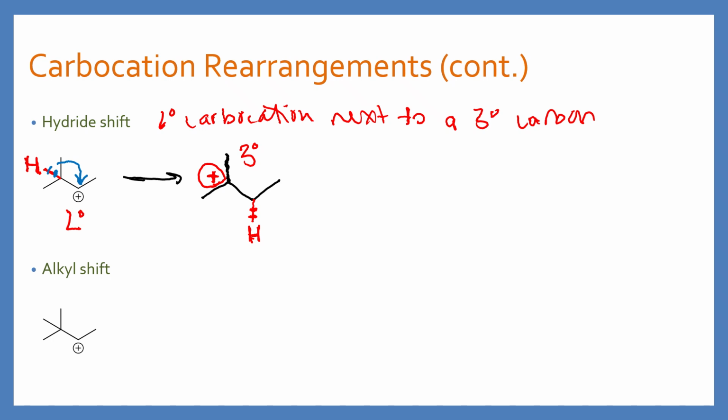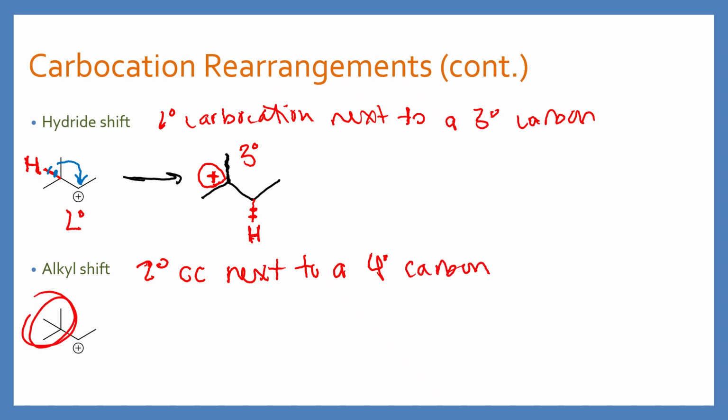Now for the next one, this is an alkyl shift. And this happens when you have a secondary carbocation next to a quaternary carbon. I'm just going to shorthand this since my pen is being weird. It doesn't have to be all methyl groups like the example that I drew here. It could be anything. But what makes this one specifically a methyl shift is that I have these 3 methyls here.